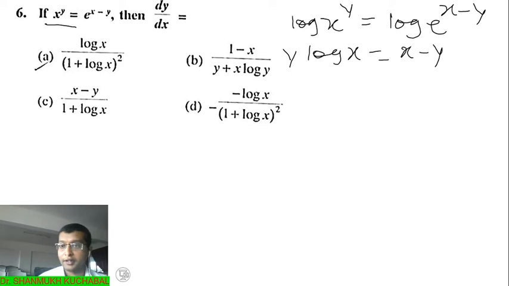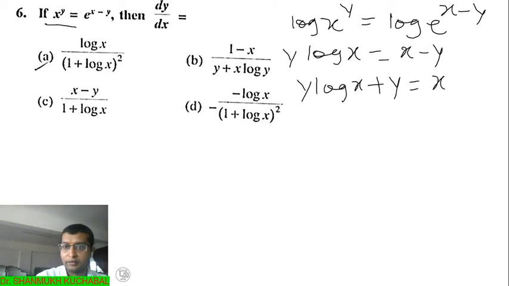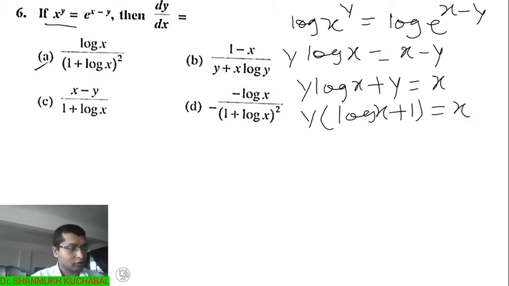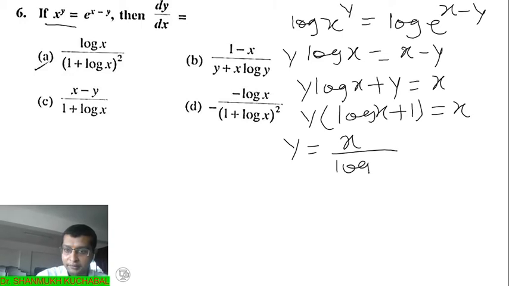So further we transpose y to the LHS. So y log x plus y equal to x. So take y common, we get y (log x plus 1) equal to x. So further we write the solution for y equal to x divided by (log x plus 1). This is in the form u by v.